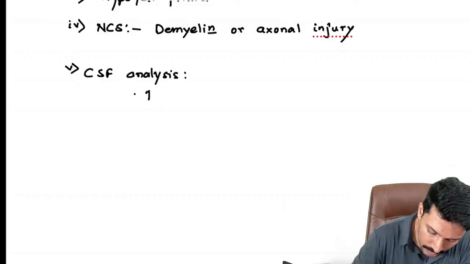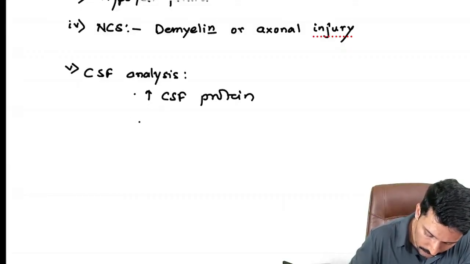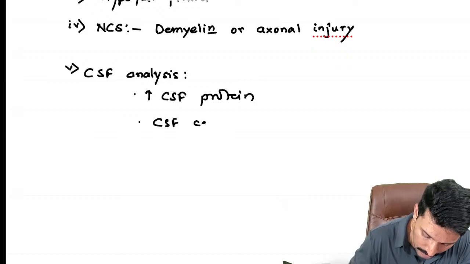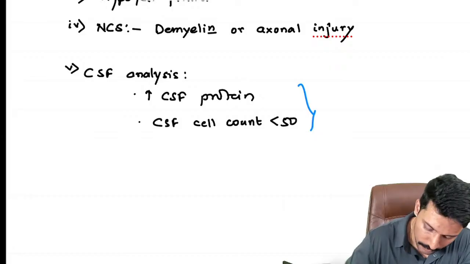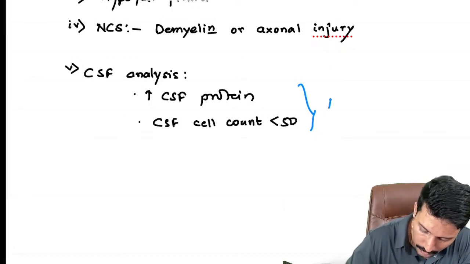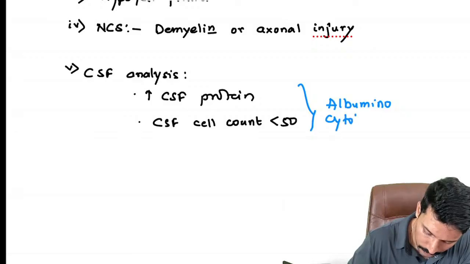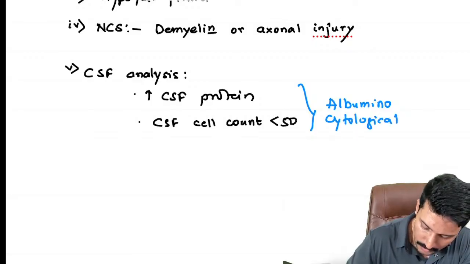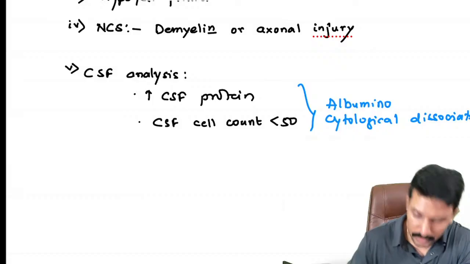So there will be an increase in CSF protein, but the CSF cell count remains less than 50. It doesn't grow high. So when these features are there, according to Brighton's criteria, it is a case of GB syndrome.